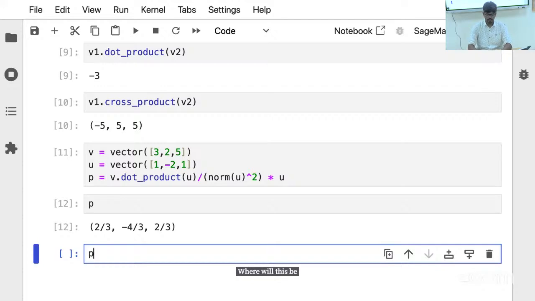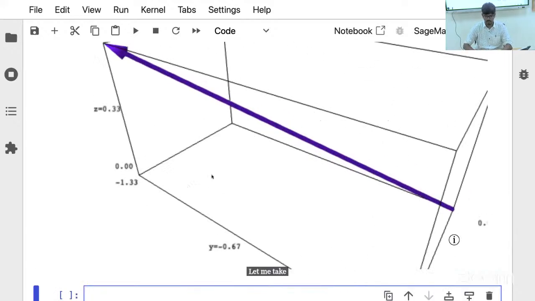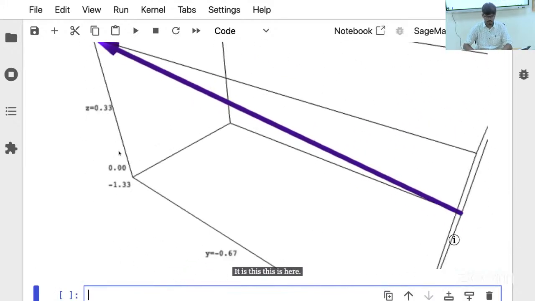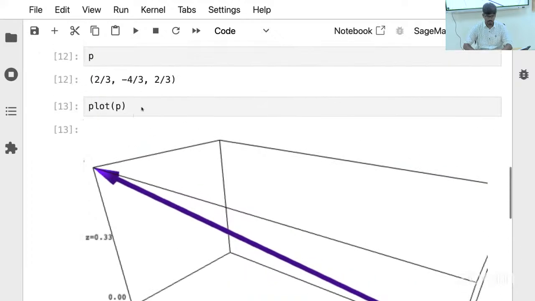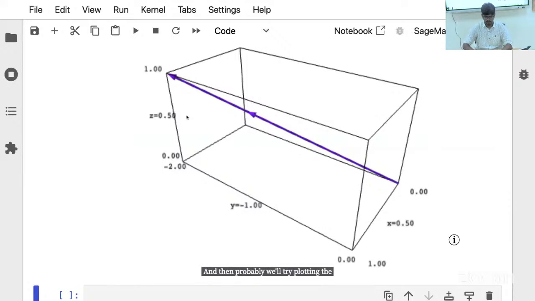Maybe we'll try plotting this P. Check where this is. This is here. And then we'll try plotting U as well along with that.